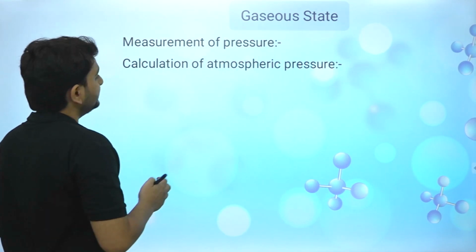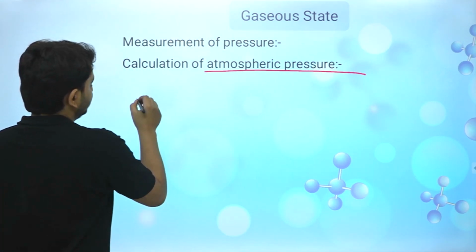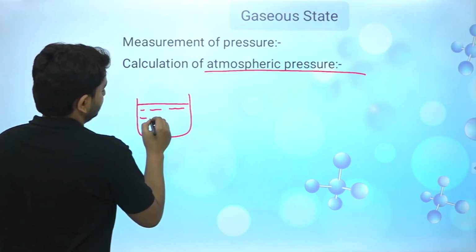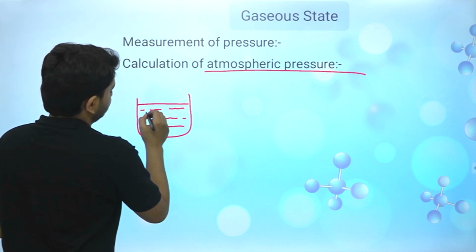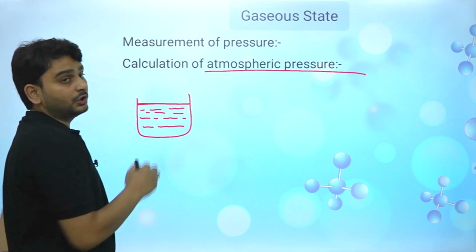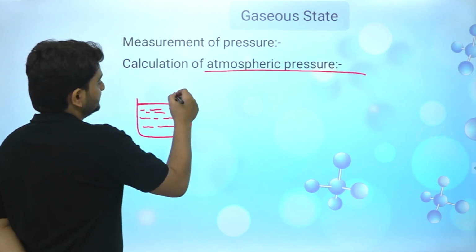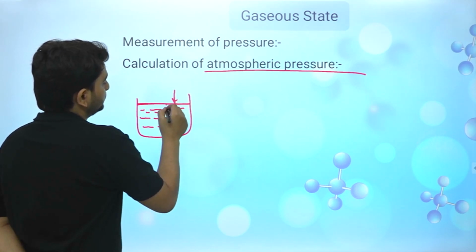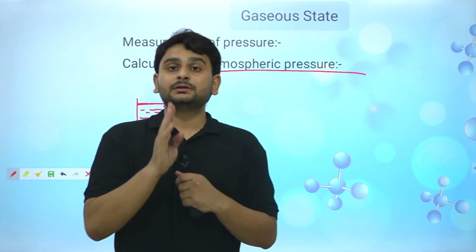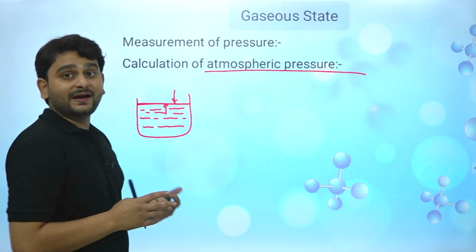All right. Atmospheric pressure. For example, let's say we have placed gas in this container. All right. If this lid of the container is not moving, that is, it's in equilibrium, that means this pressure will be equal to this pressure, because the gas particles inside the container will be exerting pressure on the container wall, right? But it is not moving, so that means something is balancing it out.